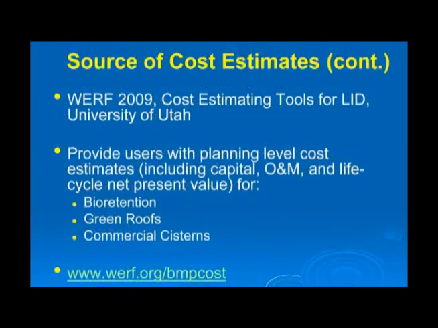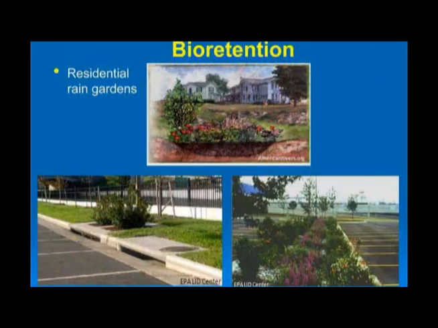The source for data for bioretention, green roofs, and cisterns is from a recent joint WERF EPA project conducted by the University of Utah, in which a spreadsheet tool was developed for estimating the whole life costs of 3 LID practices. The cost estimation tool for bioretention covers rain gardens, curb-contained applications, and in-curb planter vaults.